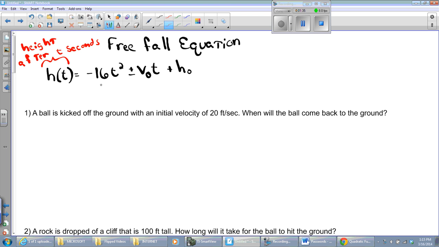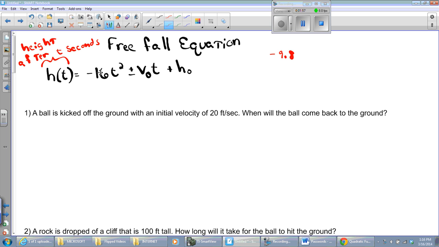This 16 comes from the gravitational pull of the Earth, and we're dealing in feet per second here. If we were dealing in meters per second, it'd be negative 9.8 sitting there. It has to do with the gravitational pull of the Earth. On a different planet or on the moon, this would not be the right number, but on Earth, it is.